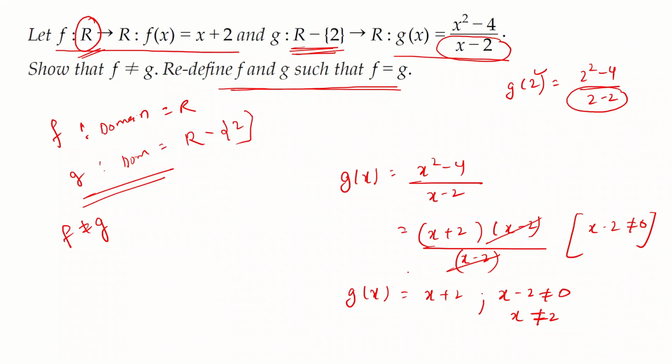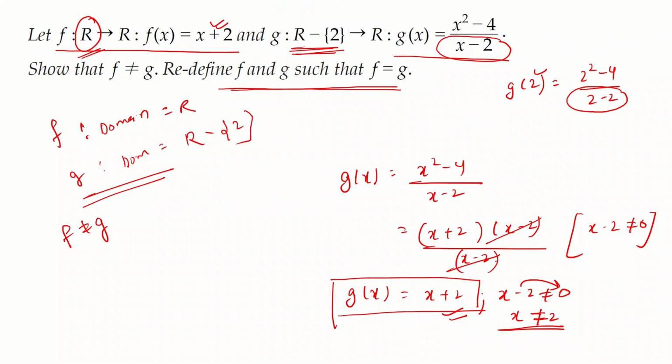We can take minus 2 to the other side, so that gives us x not equal to 2. So we get that g(x) is equal to x plus 2 whenever x is not equal to 2. That means if you take any value of x except for 2, g(x) will be equal to x plus 2, which is nothing but the value of f(x).